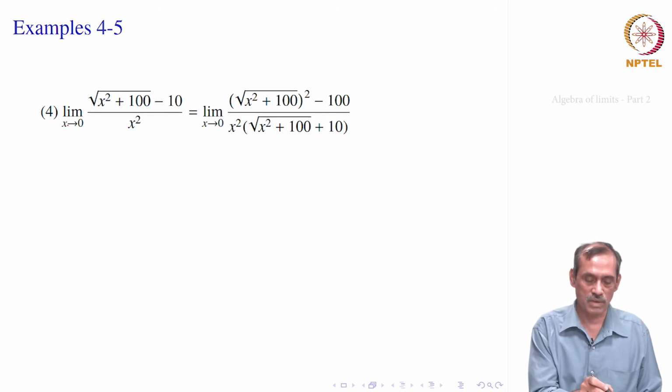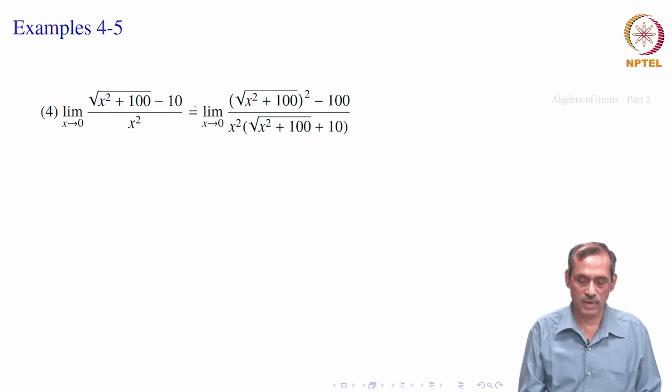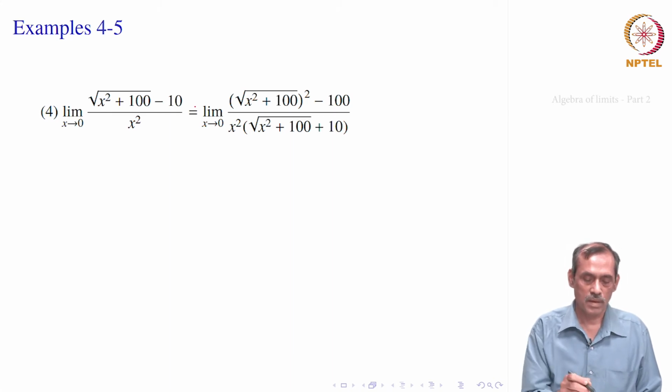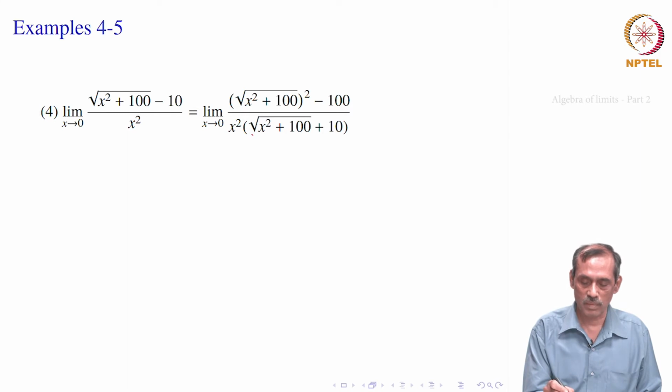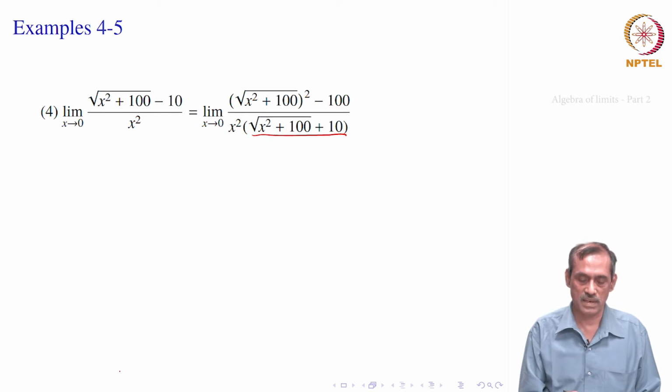When x is not equal to 0, these are well defined, but when x goes to 0, we cannot just apply the limit of f x divided by the limit of g x, because the denominator limit is equal to 0. So, what do we do? We try to rewrite it, just like x square minus 9 divided by x plus 3. In the same way, we multiply by square root of x square plus 100 plus 10.